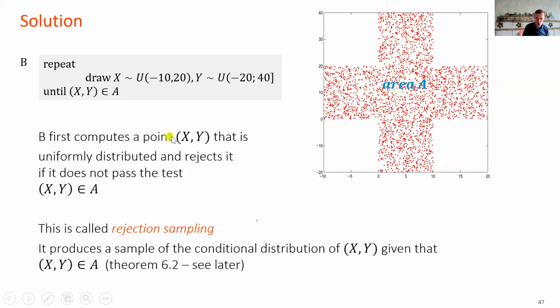So we draw a point xy from a certain distribution, which is not the distribution of interest, until it passes a certain test. Then we will see in a second that whenever you do that, the outcome of your program is a sample of the conditional distribution of xy given the condition xy belonging to A.